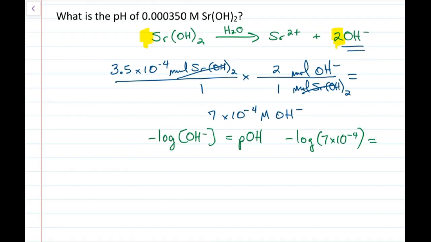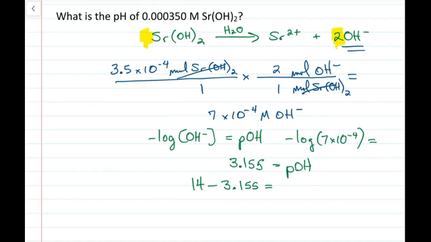Okay, so you should get 3.155. Keep an extra sig fig there. But that equals not pH, but pOH. And then, if you remember, pH plus pOH equals 14. We talked about that last time. So if I do 14 minus pOH, that will give me pH.